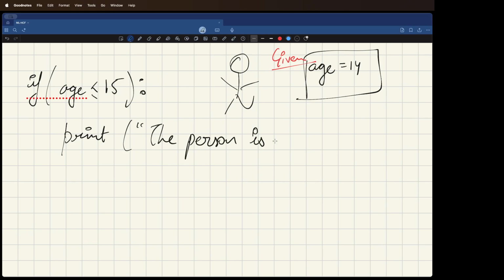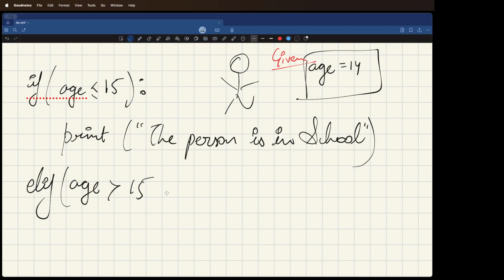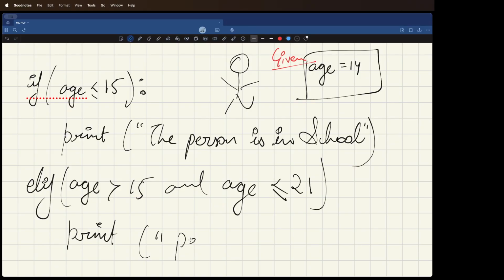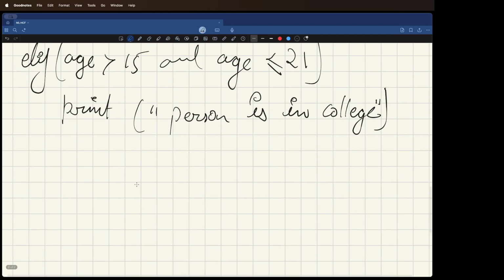After that we have an elif condition: elif age is greater than 15 and age is less than or equal to 21, in this case print person is in college.